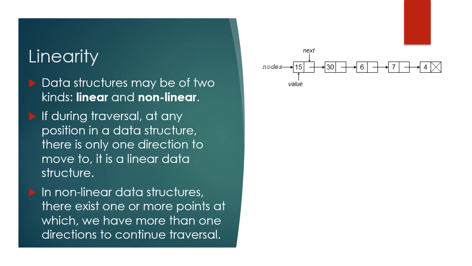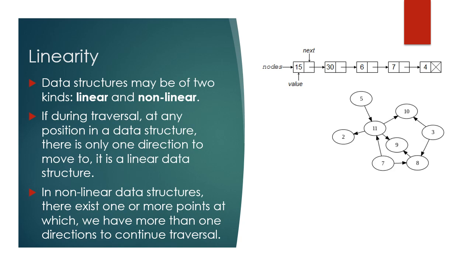In nonlinear data structures, there exist one or more points at which we have more than one direction to continue traversal. Consider this example. This data structure is called a graph. Suppose I stand at the node containing 5, so that I can only move to the node containing 11.